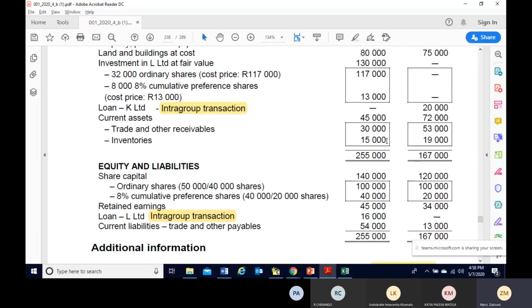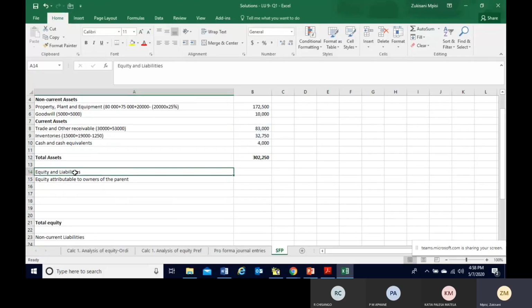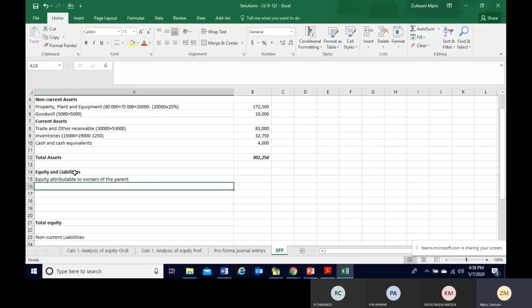And then immediately we are able to eliminate the two transactions. So total assets is going to be everything together, 302,250.